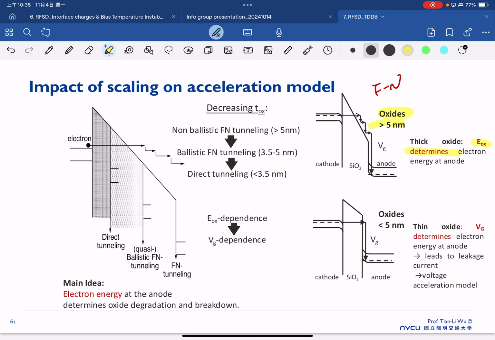That's why we can use the E model or 1/E model. But on the other hand, once our thickness is below 5 nanometer, the gate bias determines it, and it now becomes the voltage acceleration model.